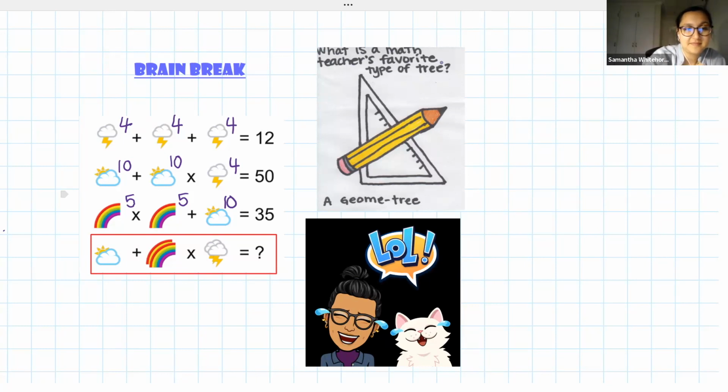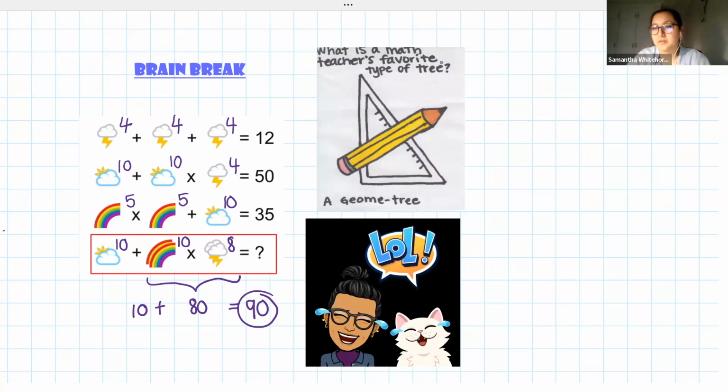I used my calculator for this last part. So 10 plus 2 rainbows, another 10, 10 plus 10 times 8. First we started off with multiplication, so 10 times 8 plus 10. Perfect. And that gave us the 90 that Tato said. Nice, Tato.